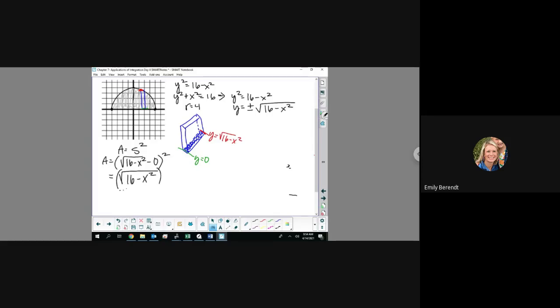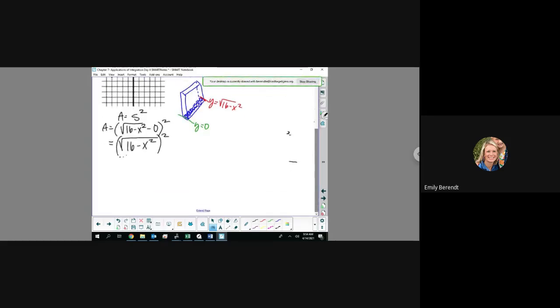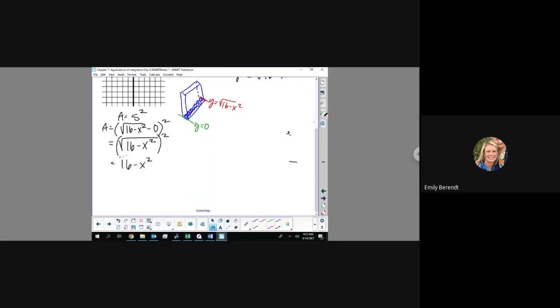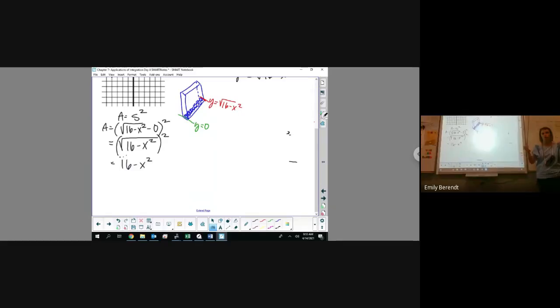And then the square root of 16 minus x squared, squared, just leaves you with 16 minus x squared. So that expression, 16 minus x squared, is our area representation for our cross section that's a square.